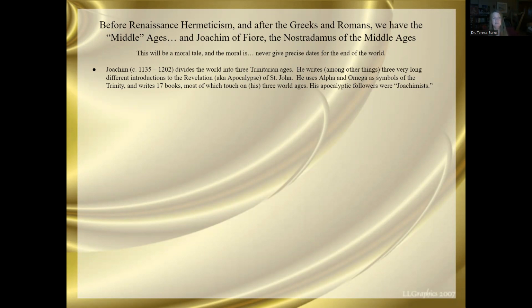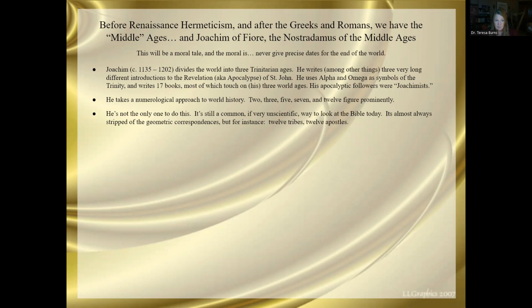Anyway, he writes 17 books. Most of them touch on his 3 world ages. He has followers. They're called Joachimists. He takes a numerological approach to world history. Numerological, not mathematical. So he likes 2s, 3s, 5s, 7s, and 12s. He isn't the only one that does this.